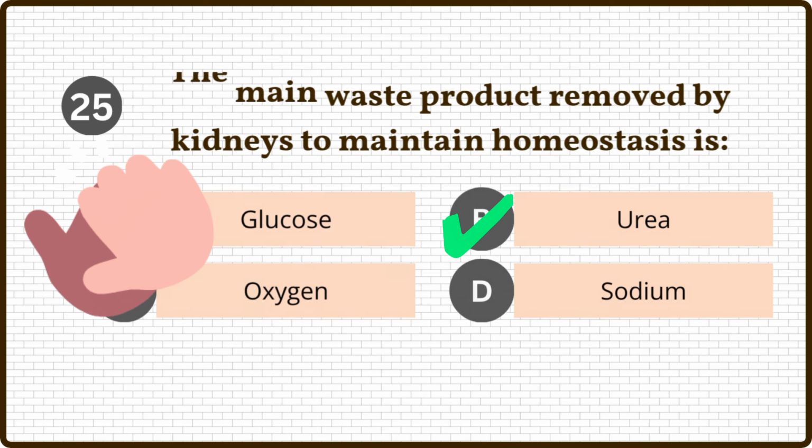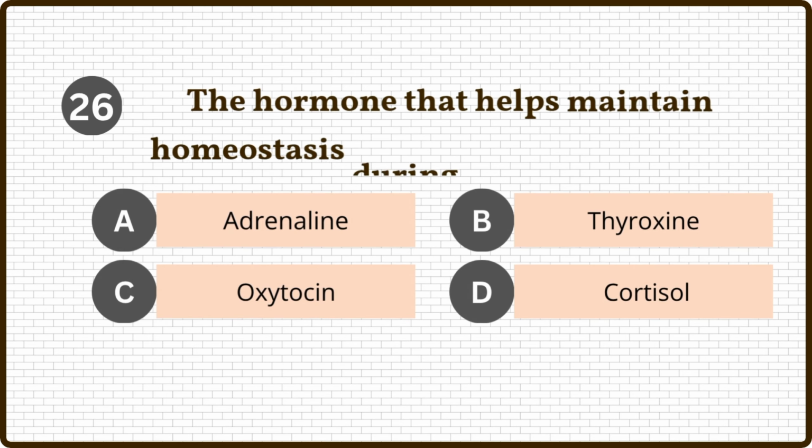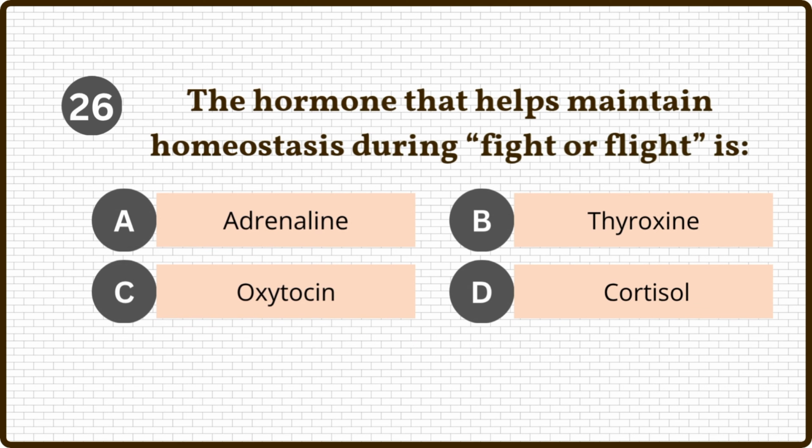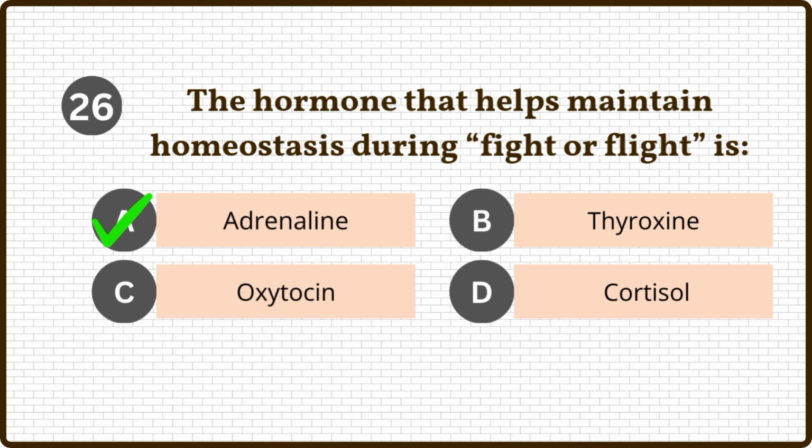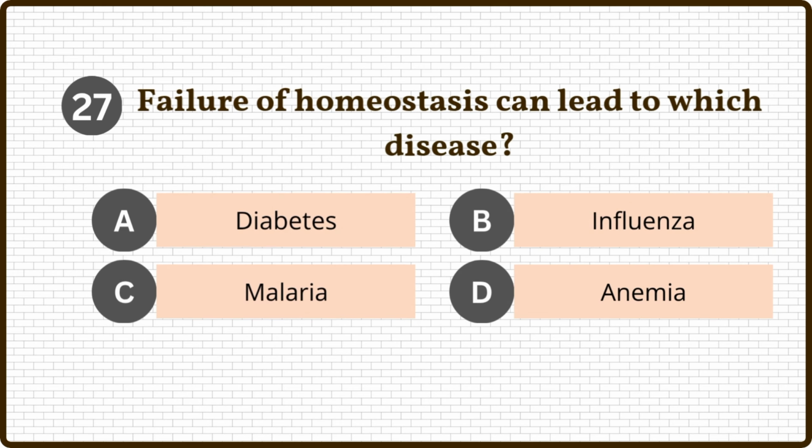The main waste product removed by kidneys to maintain homeostasis is urea. The hormone that helps maintain homeostasis during fight or flight is adrenaline. Failure to homeostasis can lead to which disease?